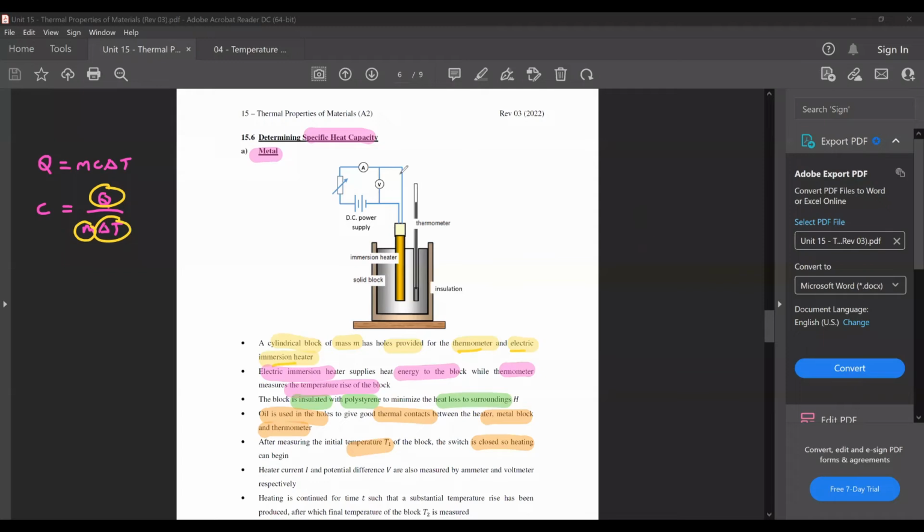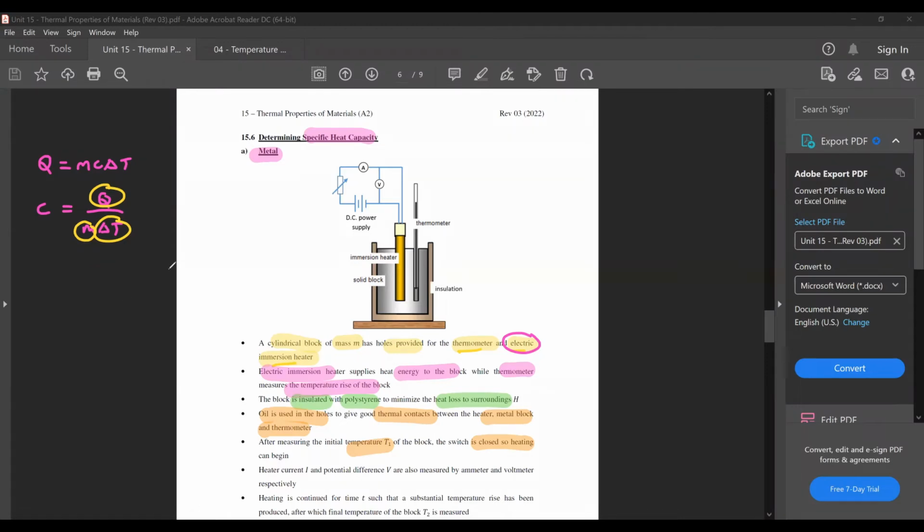Okay, so there's a reason why we use an electrical way of heating your block: so that we can easily calculate the heat energy supplied.